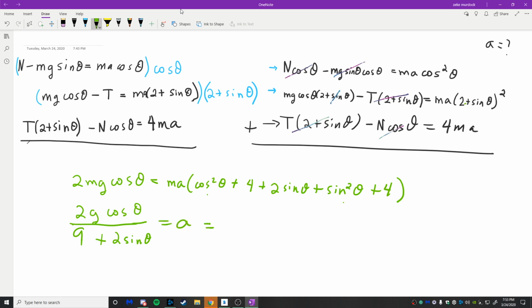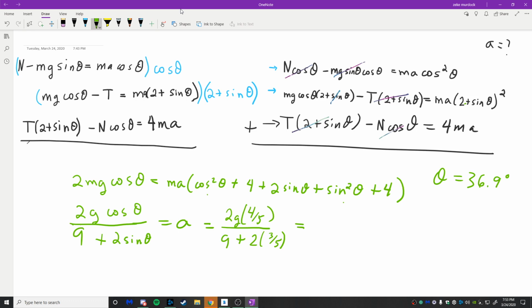And since we know what theta is, then all of this becomes 2g. Cosine of this angle is 4/5. And sine of this angle is 3/5. So whatever all that reduces down to, 8, and then you multiply 5 through the denominator. This will become 6.